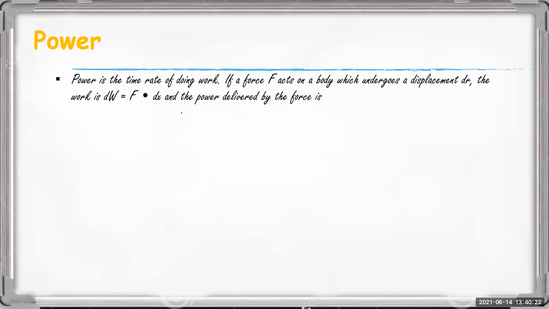Then power is dW divided by dt, which is equal to F dot dr divided by dt, or F dot v, where dr by dt is equal to v.